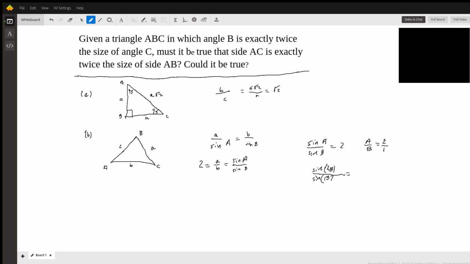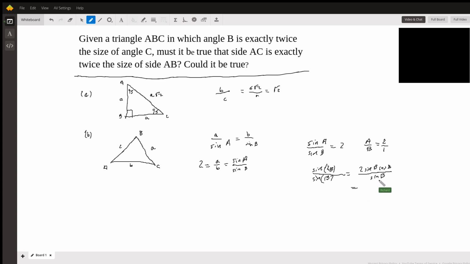So the sine of twice the angle is 2 sine B cosine B, over sine of B, like that.